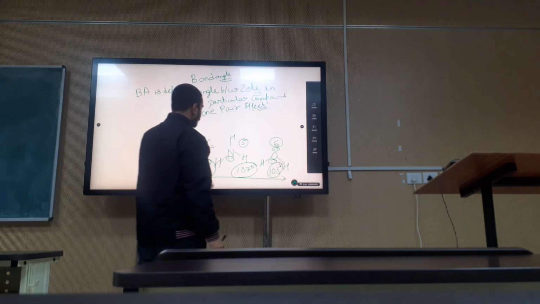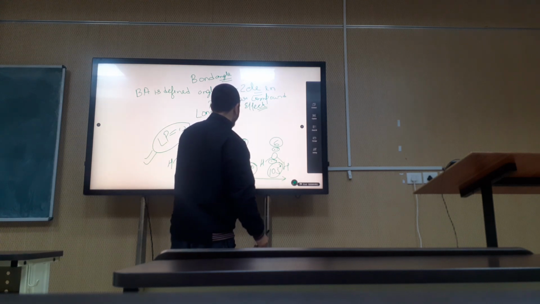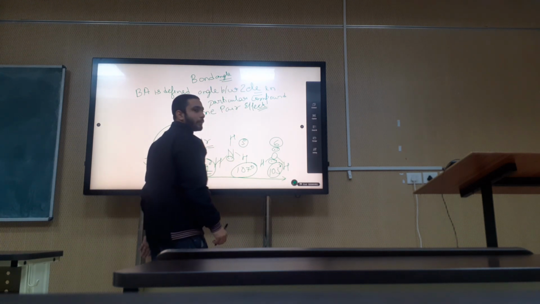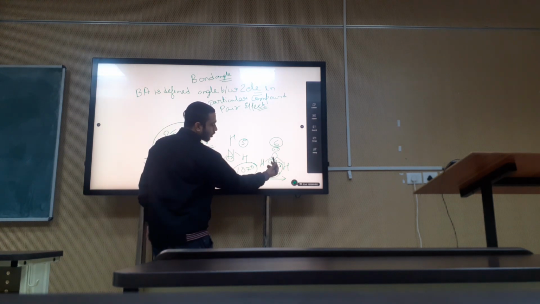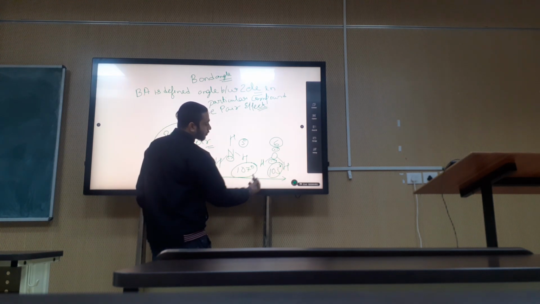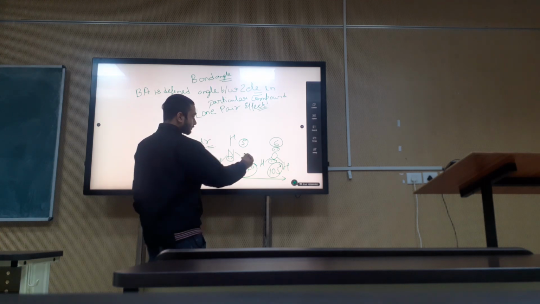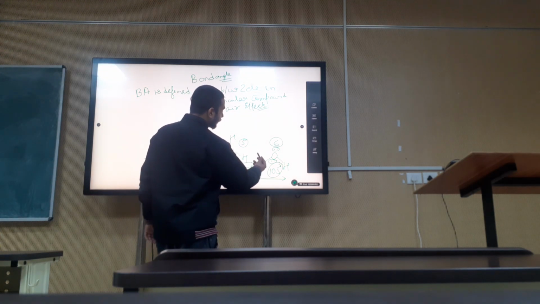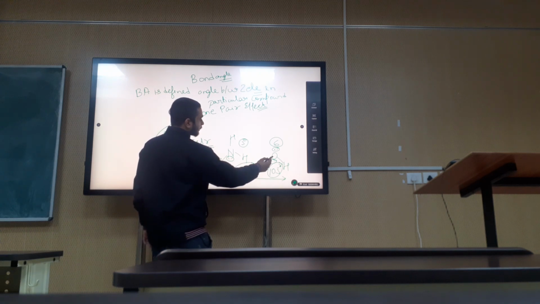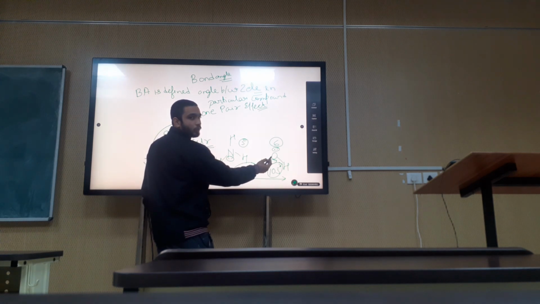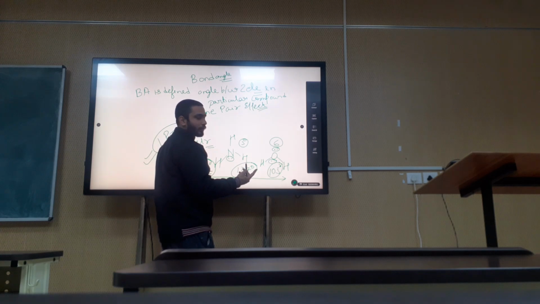Okay, and the bond angle has decreased. But suppose there is a bond angle between lone pairs, between this and this, what will happen? The bond length will increase if there are two lone pairs between this and this, because repulsion will happen.